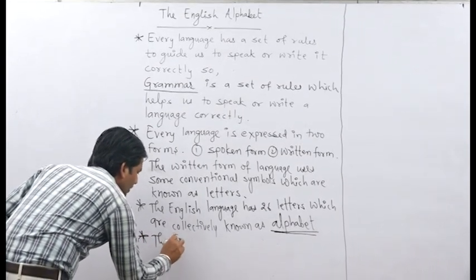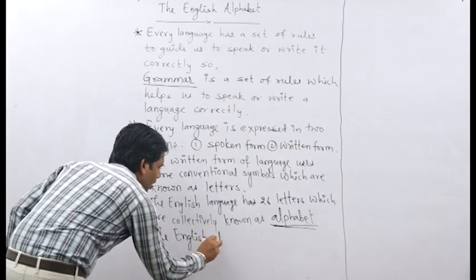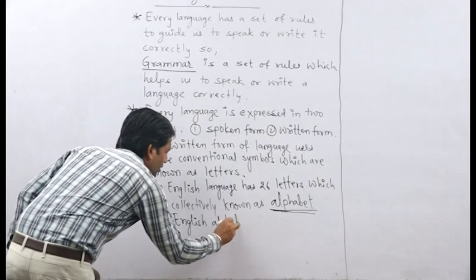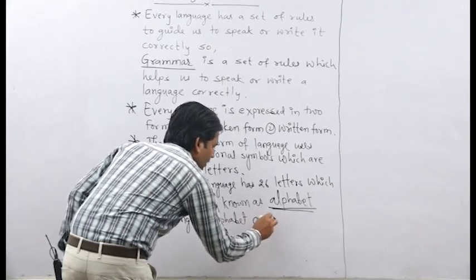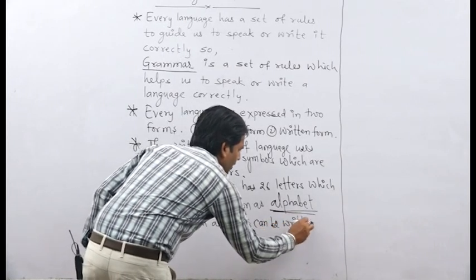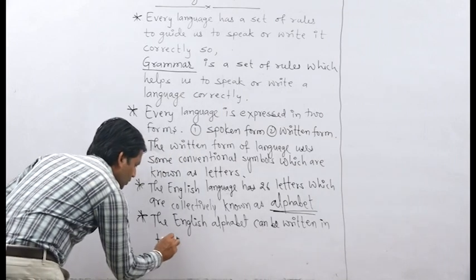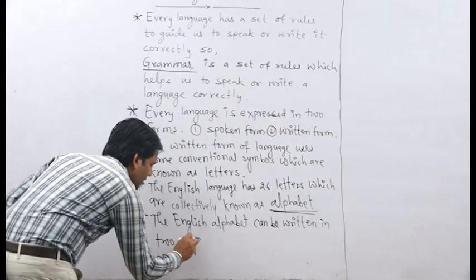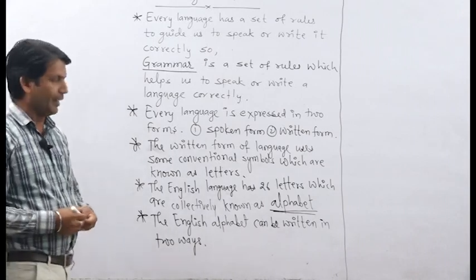The English alphabet can be written in two ways.